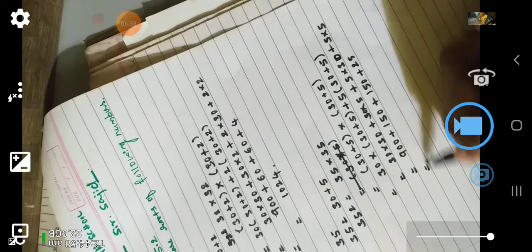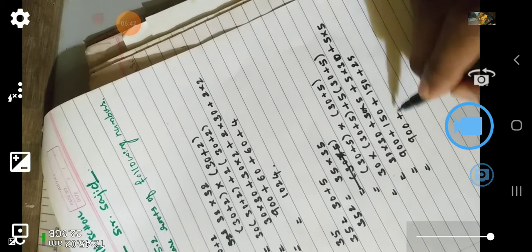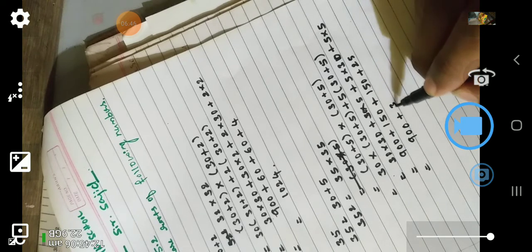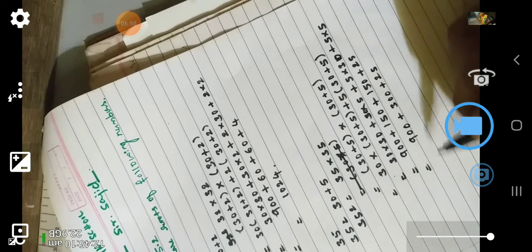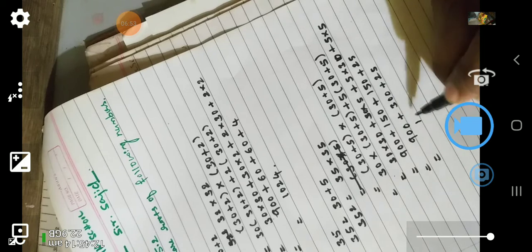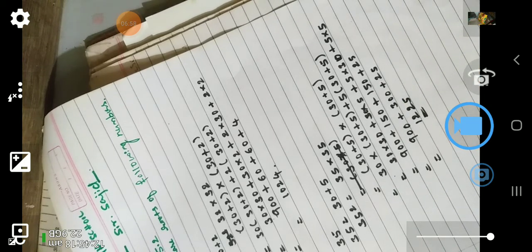Finally we write 900 plus 150 plus 150 is 300, plus 25: 900 and 300 is 1200, and 25 makes 1225. So this is the answer.